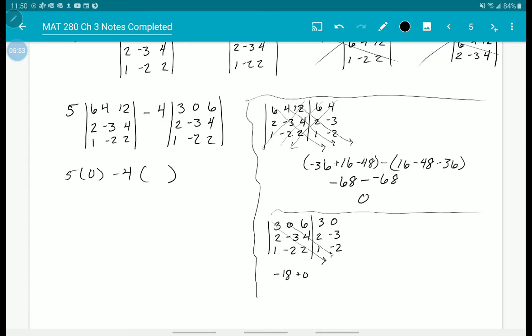Zero. Subtract, then multiply the other way. And that's going to be 0. So this determinant is 0.